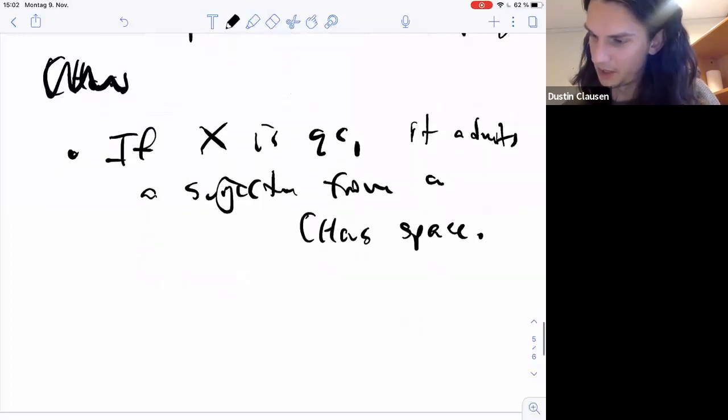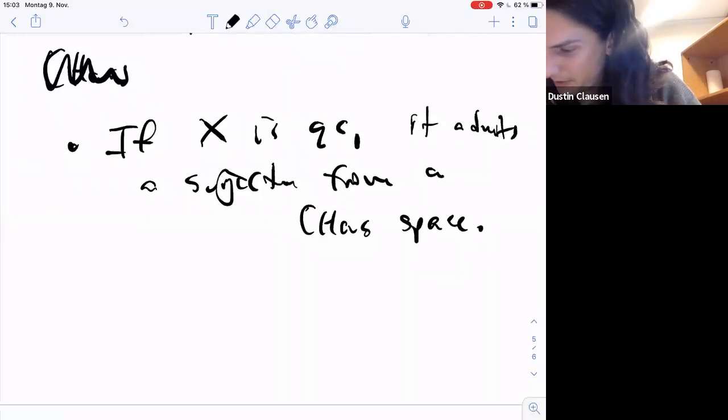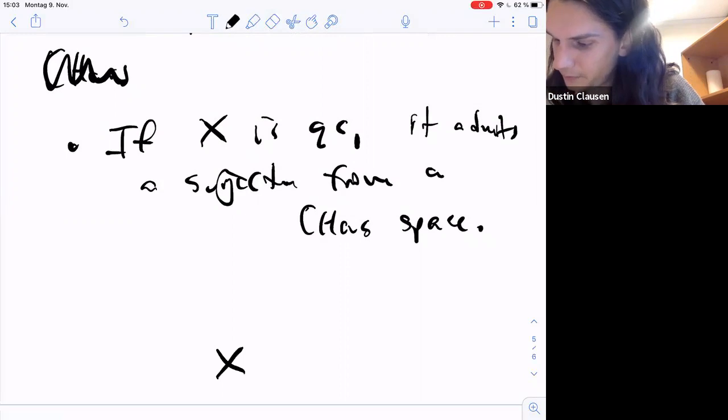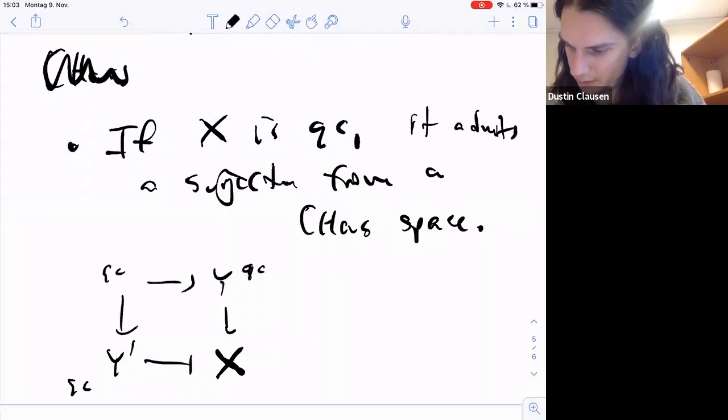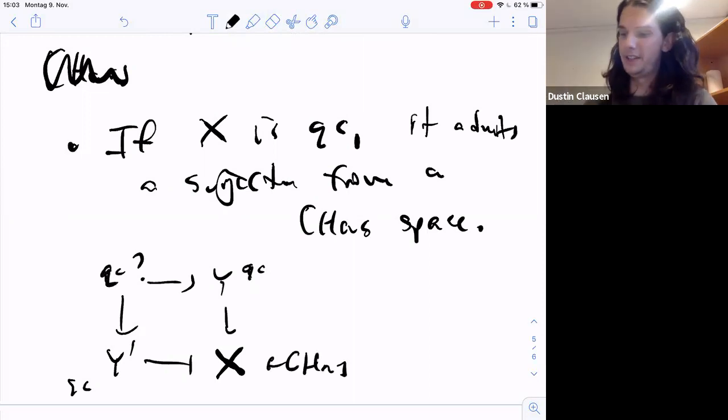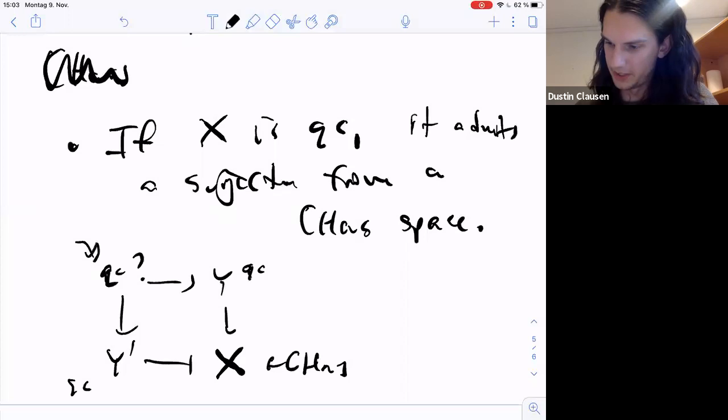Okay. So now we want to check that a compact Hausdorff space is also quasi-separated. We're supposed to check that if we have two maps from quasi-compact objects, then the fiber product is also quasi-compact when the target is compact Hausdorff. But if this is surjected onto by a compact Hausdorff space, and this is surjected onto by a compact Hausdorff space, then this fiber product will be surjected onto by the fiber product of the compact Hausdorff spaces.